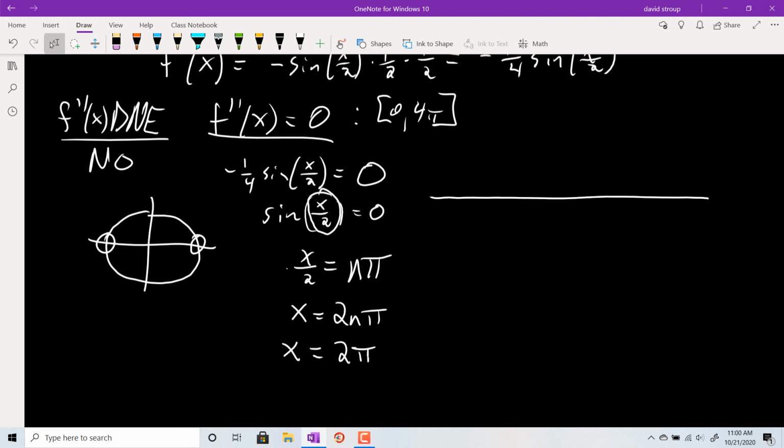So I'll go to my number line for my second derivative from 0 to 4 pi. Here is my only critical number inside the interval. And then we need to do test values and stuff.